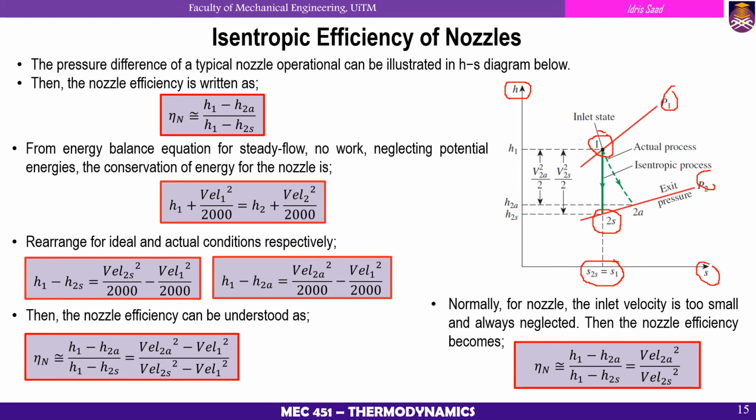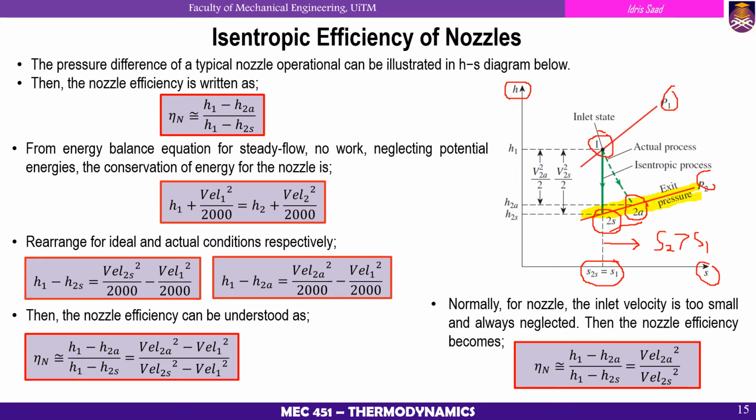For the actual state, we have to understand that s2 must always be higher than s1. So the actual state falls on this pressure line. Please remember that the pressure at state 2s is equal to the pressure at state 2a, because this is the line of constant pressure.